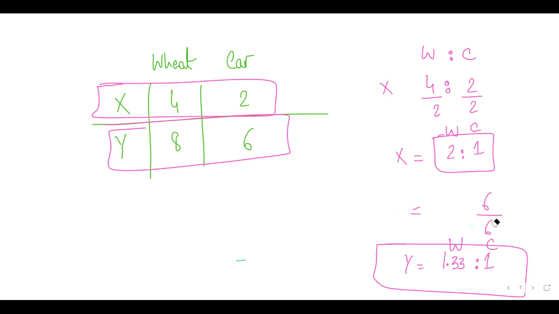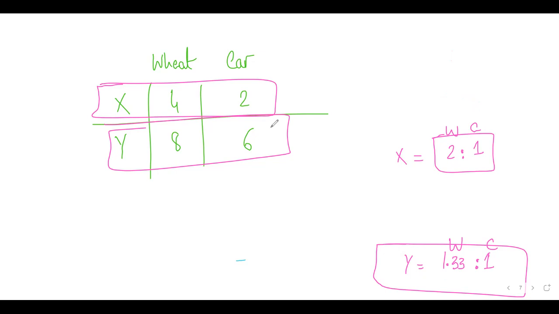To produce 1 unit of car, you give up 1.33 units of wheat, whereas in the case of X, you give up 2 units of wheat. So which country has lower opportunity cost for producing cars?